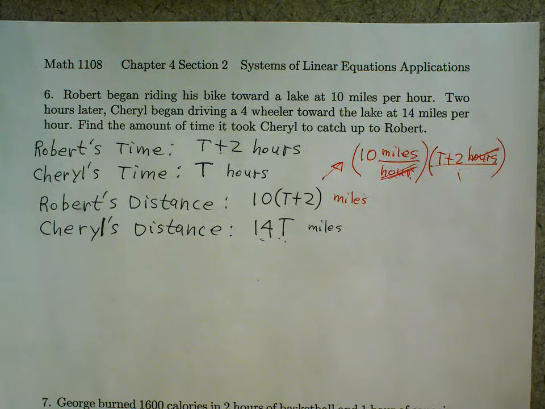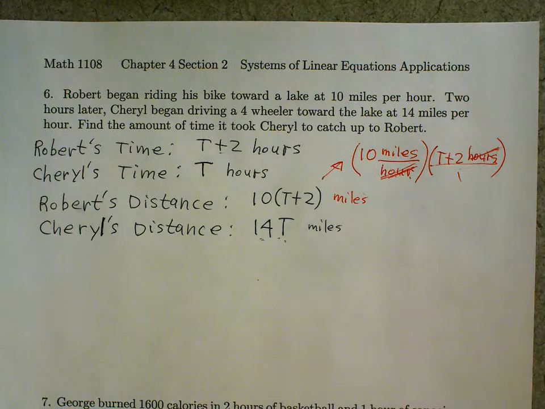Okay, so we're getting close. What can I do next? The goal is to find the amount of time it took Cheryl to catch up to Robert. So the goal is to solve for T. So now what?